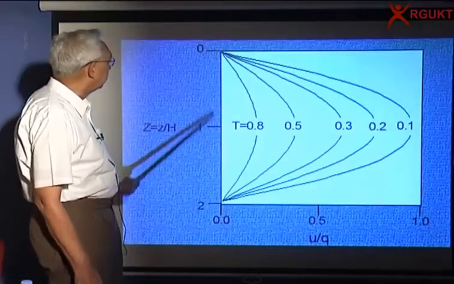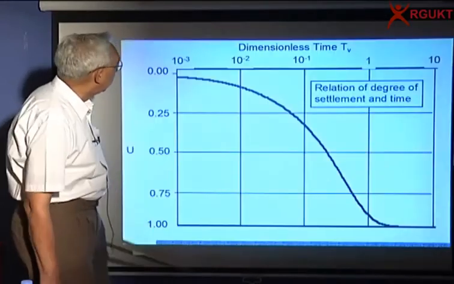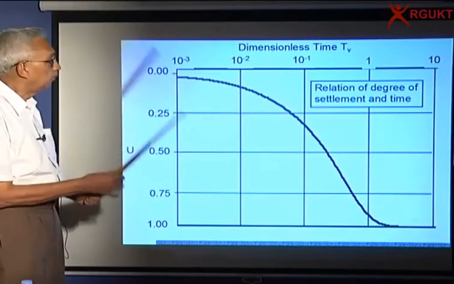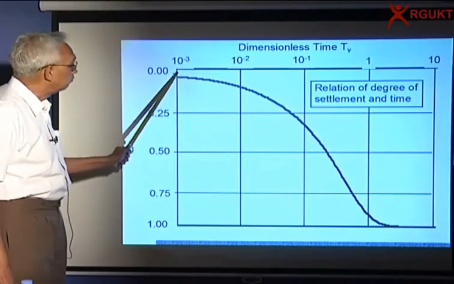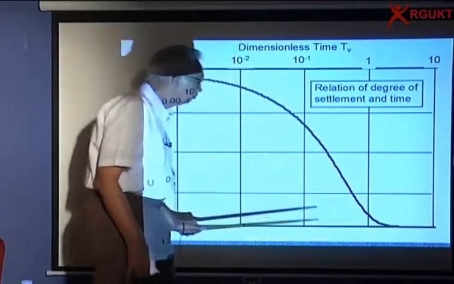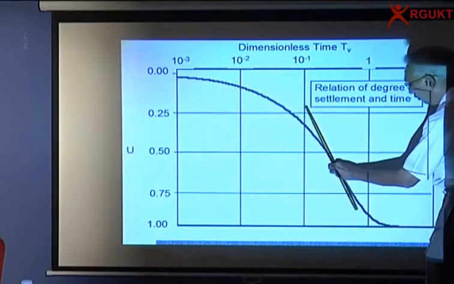So this is how the degree of consolidation may look with respect to time for the whole layer, and you can see it increases like an S curve, a reverse S curve, and here is the point I was making. You have a point of inflection.